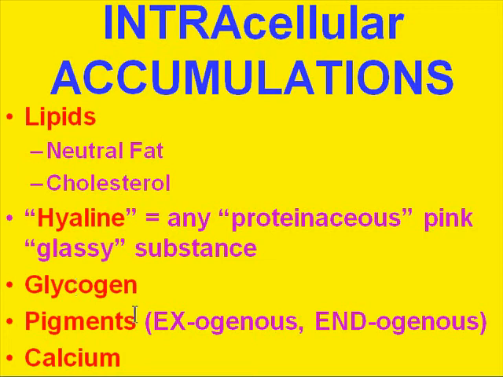Pigments can also accumulate within cells. And if the pigments are normally things found in the body, like hemosiderin, melanin, bile, or lipofuscin, they are called exogenous. If they are pigments that are found outside of the body, like soot, anthracotic pigment, tattoos, they are called exogenous.